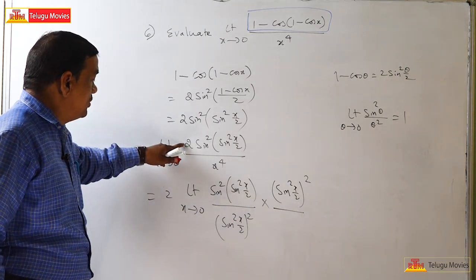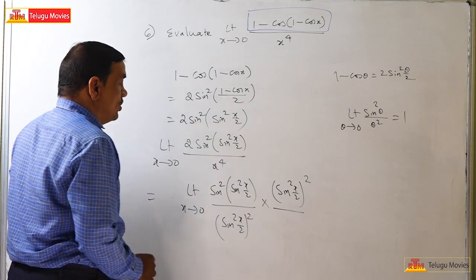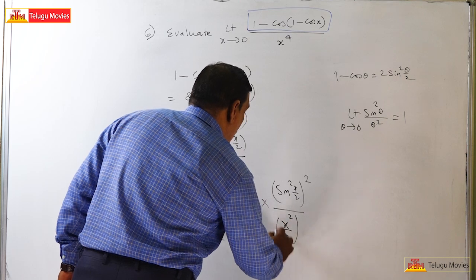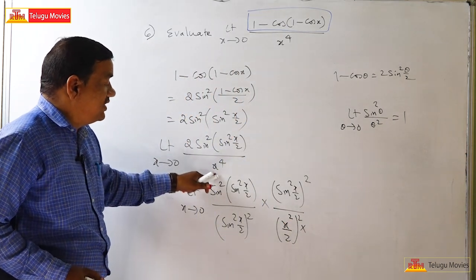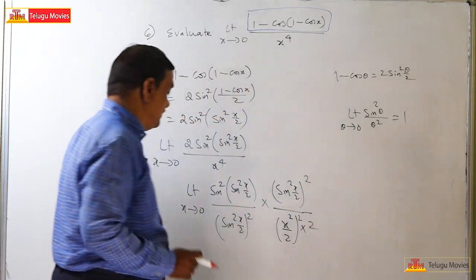Here 2 is there, no, don't take 2 outside now, it is useful now. So this is equal to x square by 2 whole square, here by 2 will come, but here by 4 you got. So that's why you have to multiply with 2.